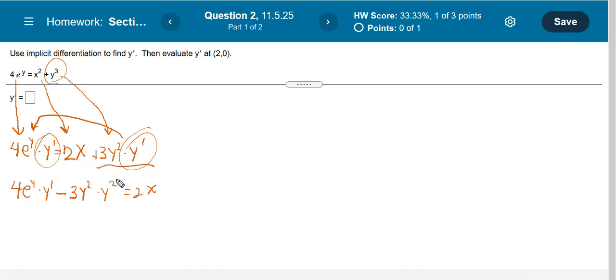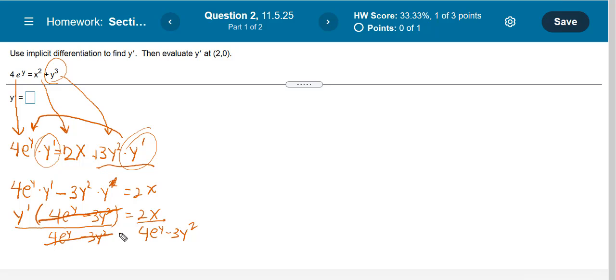We'll factor out the y primes, and divide both sides by the stuff next to the y prime. There's what we will be typing in our answer box.